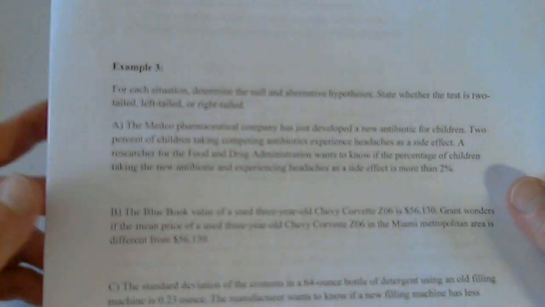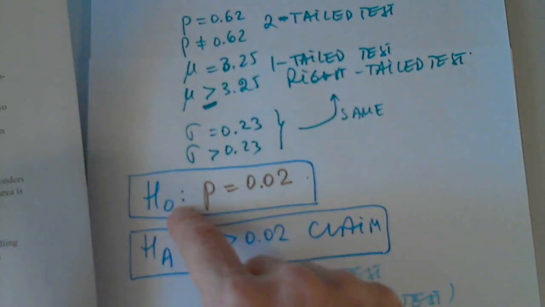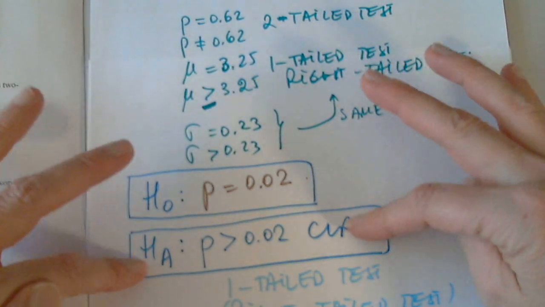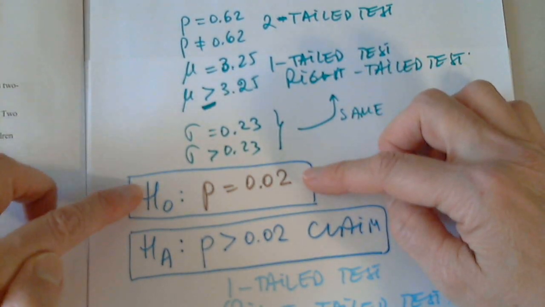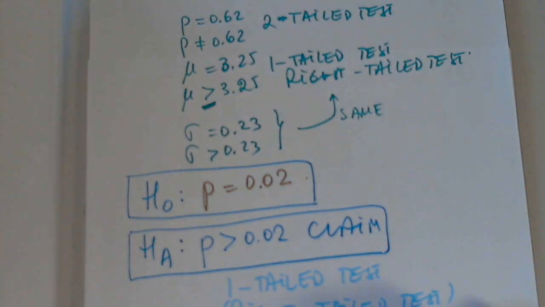But for now, we are just looking at the language. We are trying to understand what type of errors we can make when we perform hypothesis testing. It is extremely important to understand which one is the alternative, which one is the null hypothesis, and what type of test we are conducting. Yes, there is way more to it.